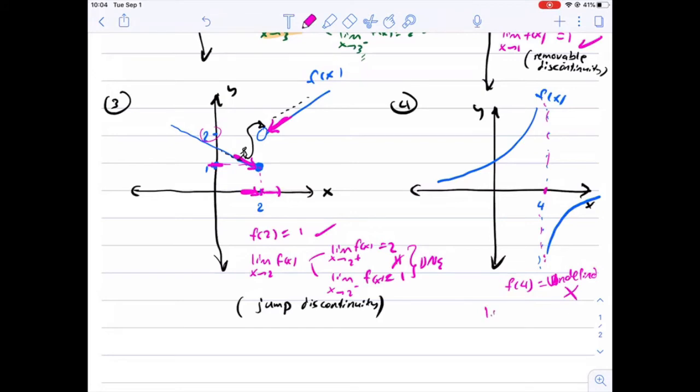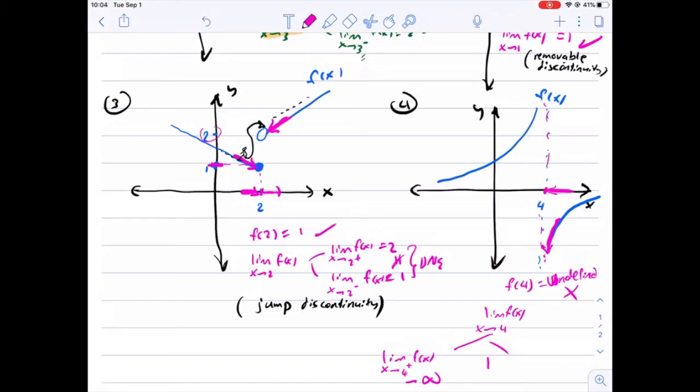Now let's find the limit. Limit as x goes to 4 of f of x. Here we need to study the limit from the right and from the left. What is the limit as x goes to 4 from the right? From the right, the value of the function goes to negative infinity.